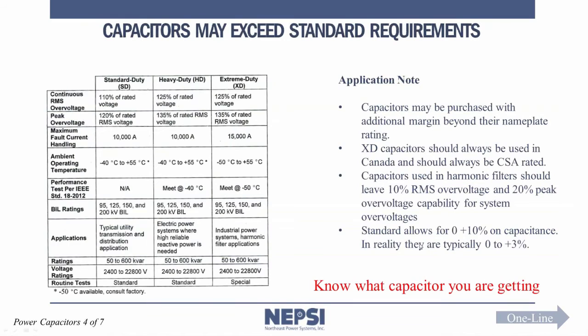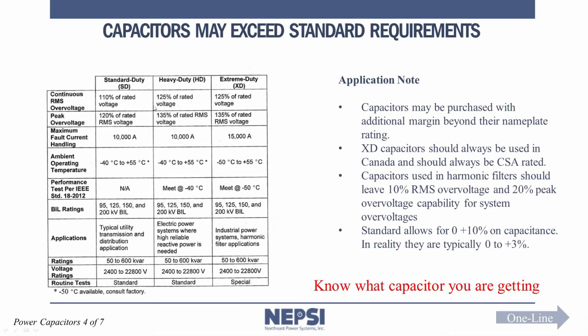This is the typical standard duty, heavy duty, extreme duty ratings that you would see applied to one particular manufacturer's capacitors, with their continuous overvoltage for standard duty. These all follow the IEEE standard values, but they also offer heavy duty and extreme duty, and you can see that there's a bump in the overvoltage capability of the capacitor.